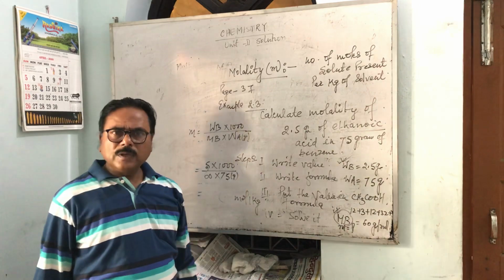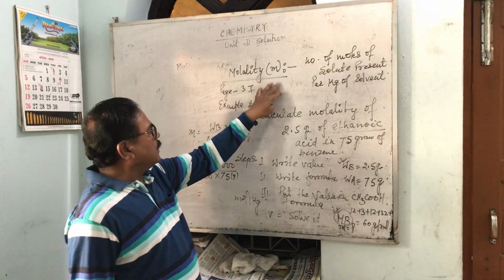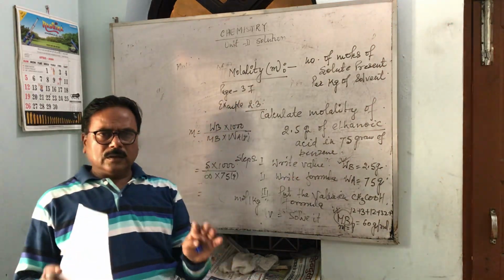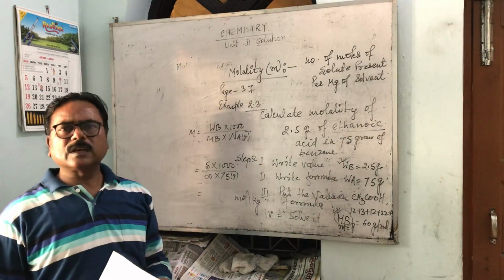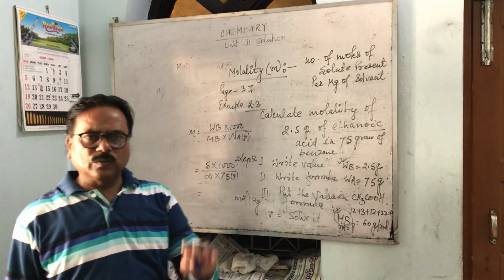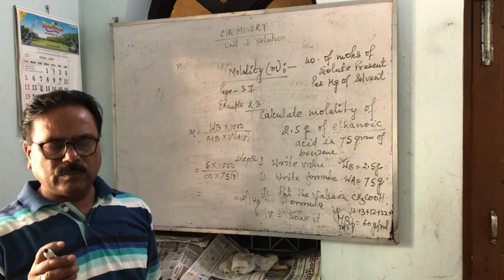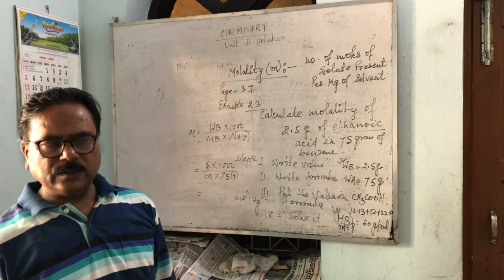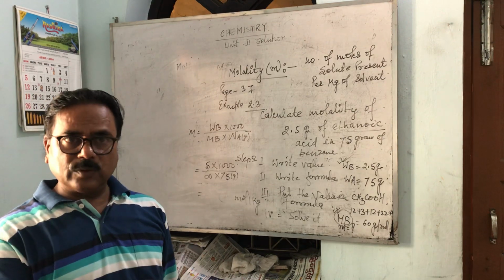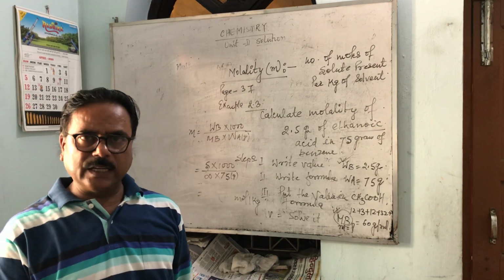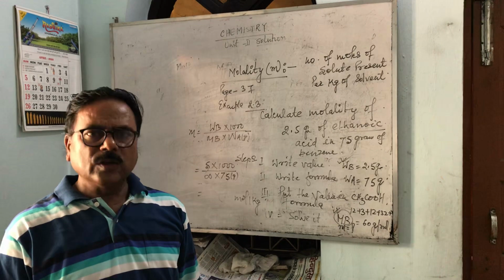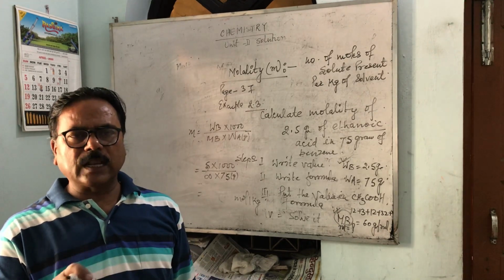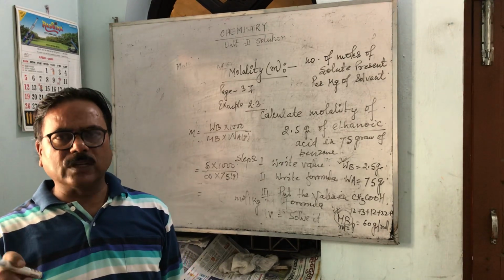Now we get an idea about the methods for expressing the concentration of a solution. First we explain the mass percent. Suppose 45% by mass, what does it mean? For example, 20% ethylene glycol means 20 gram of ethylene glycol is present in 100 gram of solution.